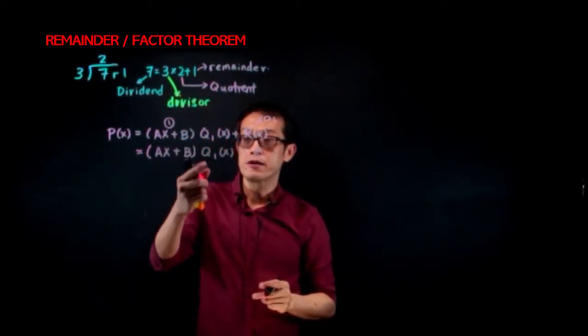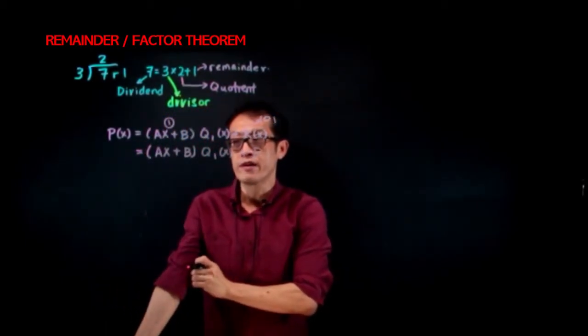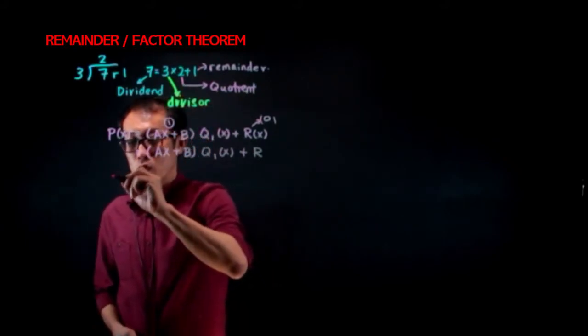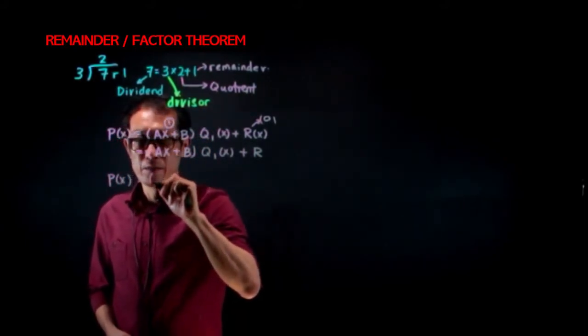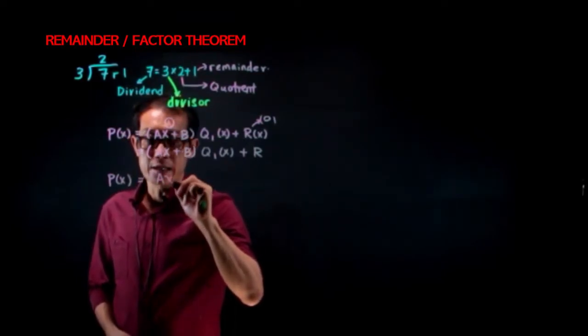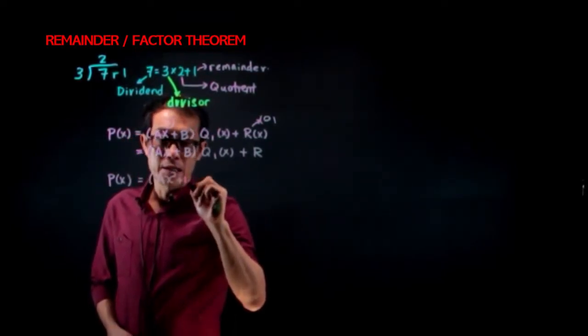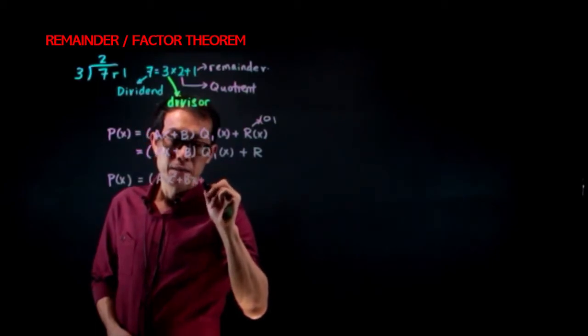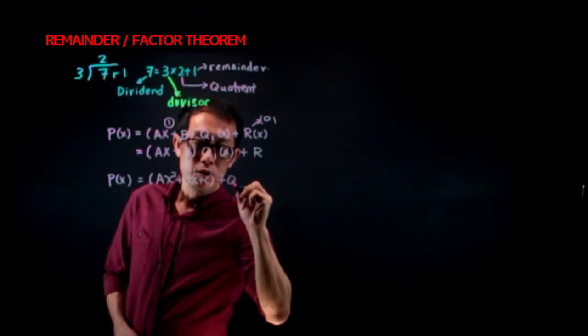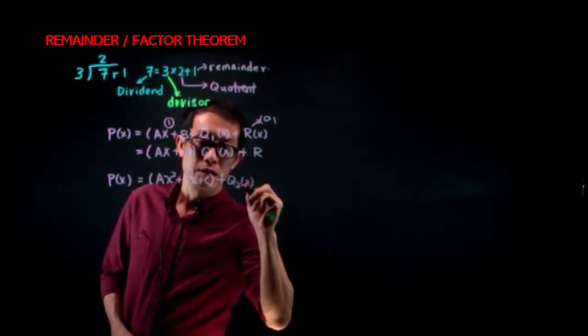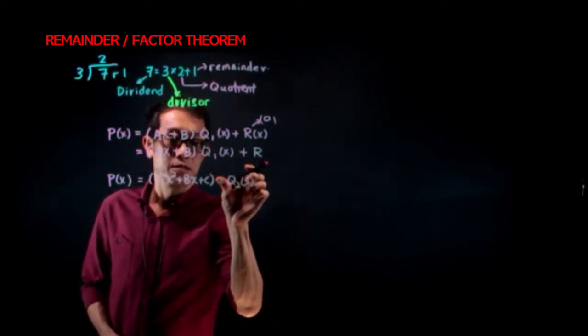Now let us increase the degree of the divisor. Let us increase to 2. Now p of x, if it's divided by ax squared plus bx plus c, this part will be q2 now. It's not a plus, it's a times.